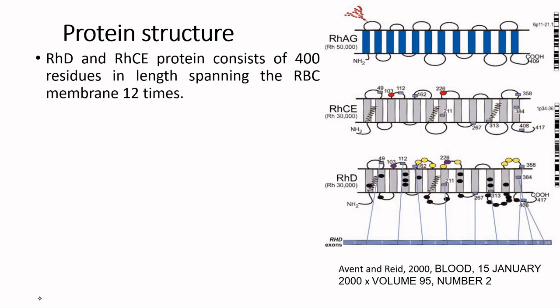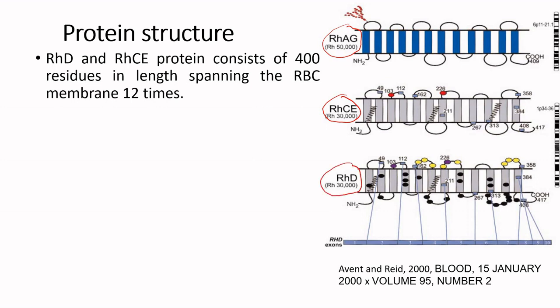As you can see in this image, it has been adapted from Avent and Reid 2000 in the Journal of Blood, January 2000, volume 95, number 2. Here you can see that there are three different proteins: RHAG, which is RH associated glycoprotein, then RHCE and RHD.